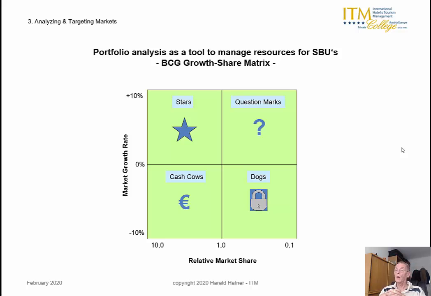So we can now summarize strengths and weaknesses, opportunities and threats into a so-called situation analysis or SWOT analysis, whereby the term SWOT stands for strengths and weaknesses, opportunities and threats.